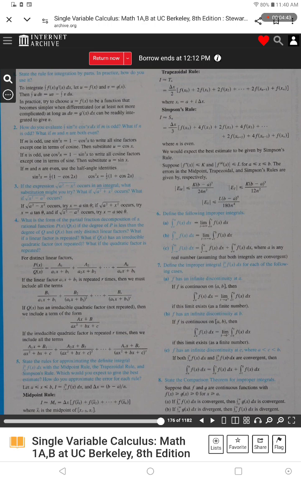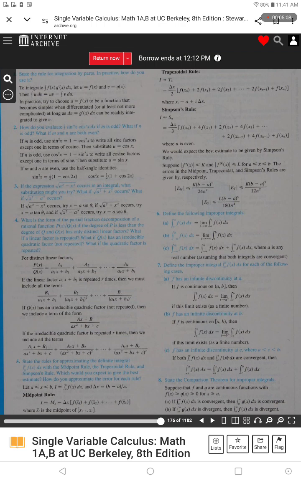The errors in the midpoint, trapezoidal, and Simpson's rules are given by, respectively, the absolute value of E sub M is less than or equal to K (b minus a) cubed over 24 n squared.